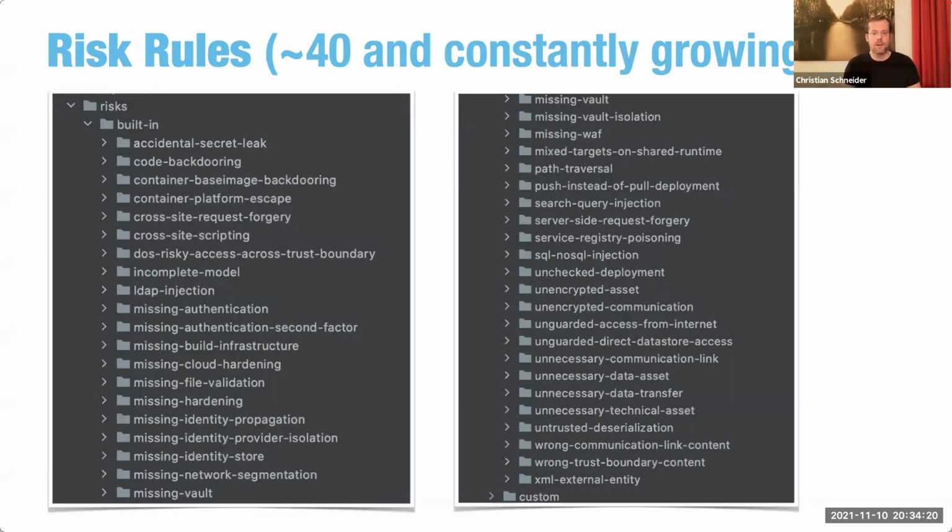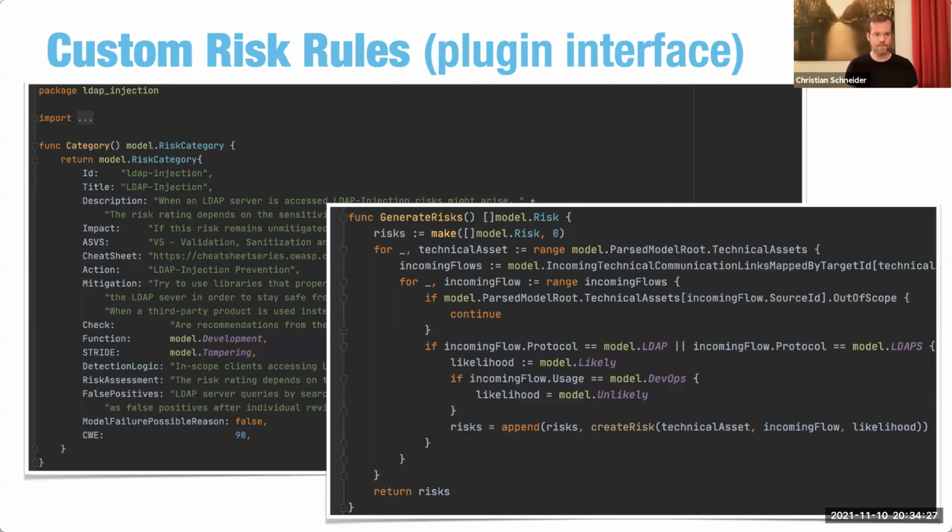These are the built-in risk rules, and it's growing and growing. So different kinds of technology risks that can be identified. And here in a very simple example, it's written in Go, very simple to extend, in that easy to read and understand language. Here you have the risk rule of an LDAP injection. That's a medium-sized risk rule. Some are bigger, some are way smaller.